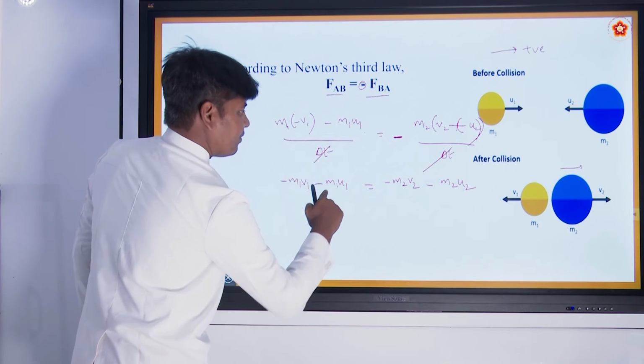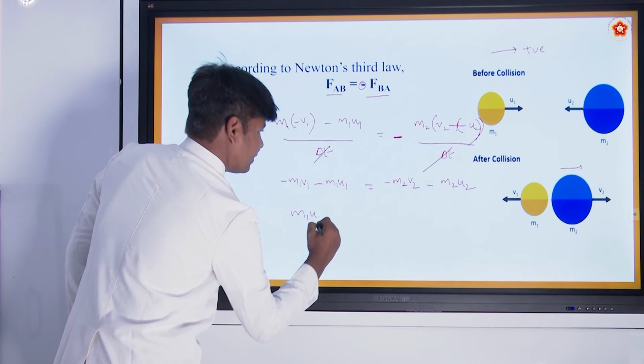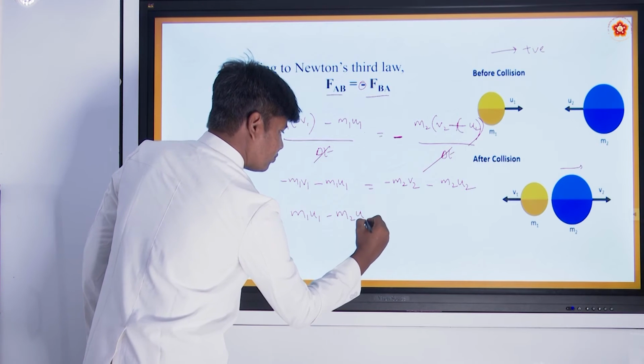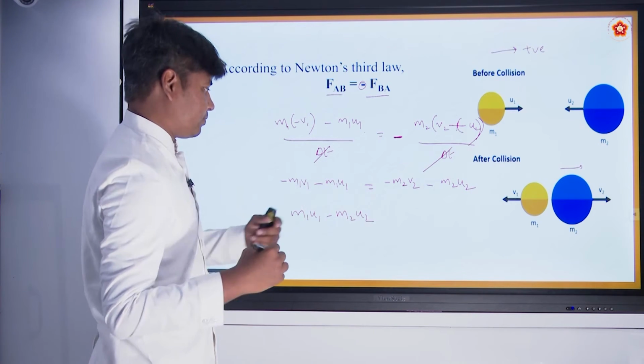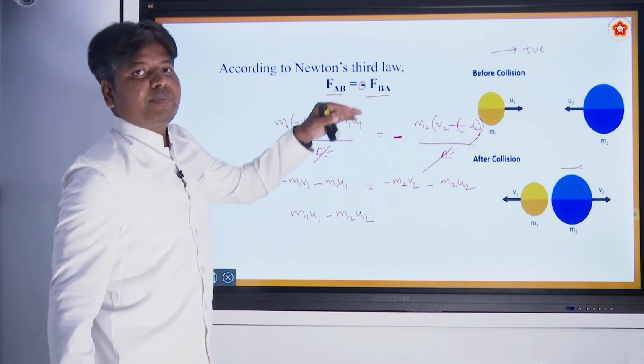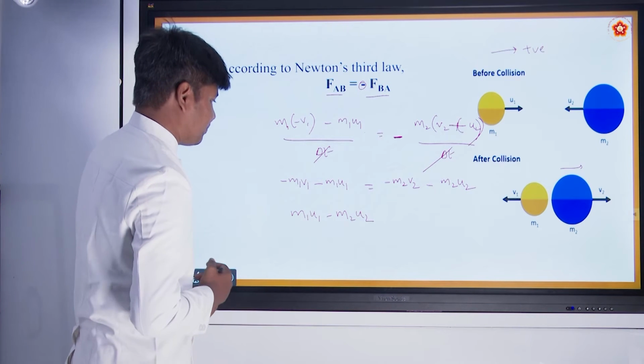Just take m1 u1 that side. So it will be m1 u1 minus m2 u2. We are just rearranging to make you see where the initial momentum is equal to final momentum. Otherwise you will have to take more and more steps in the simplification.